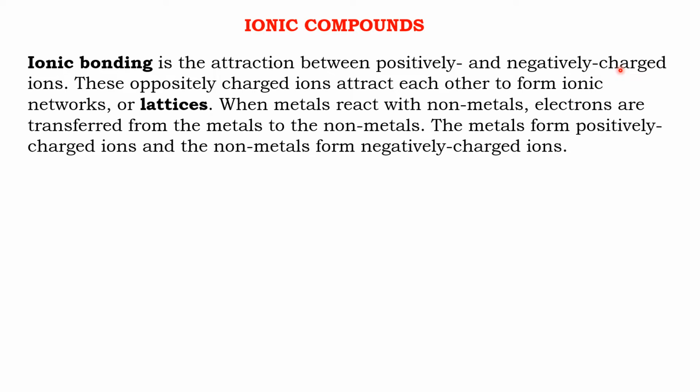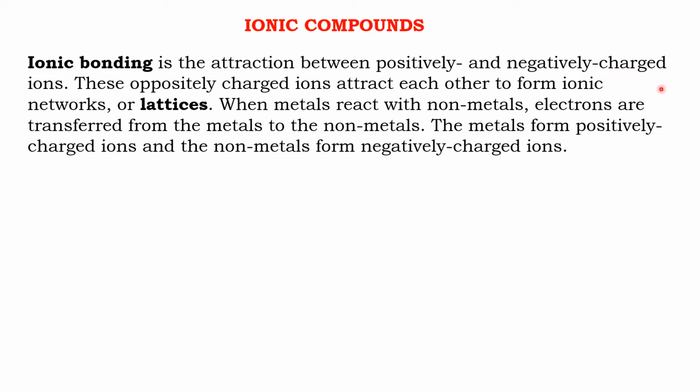So the transfer of electrons from a metal to a nonmetal results in the formation of cations and anions. These oppositely charged ions attract together and are placed in the lattice at certain distances, and it is called an ionic compound.